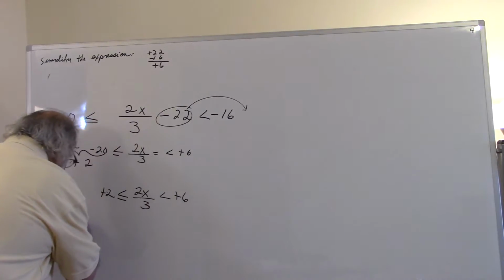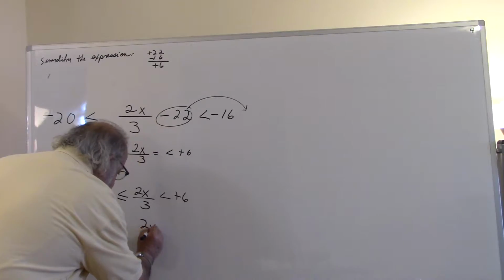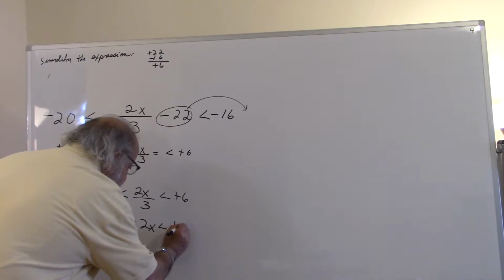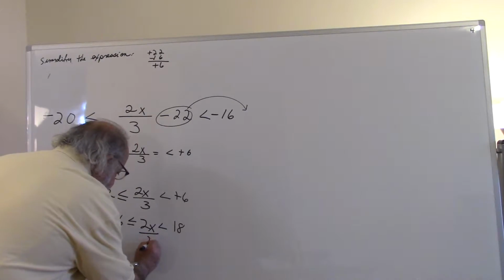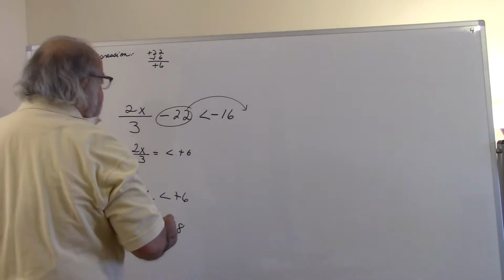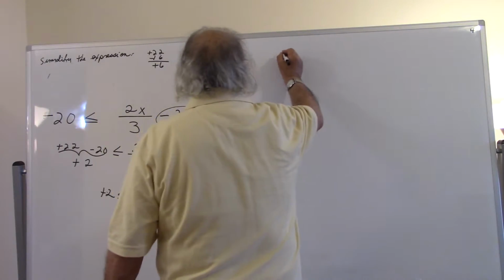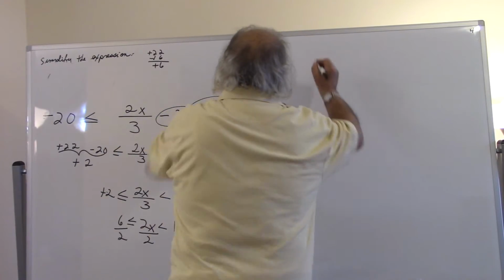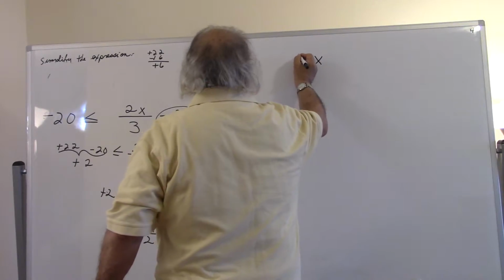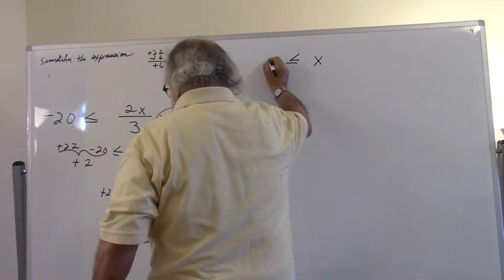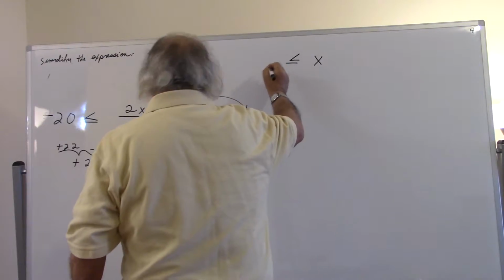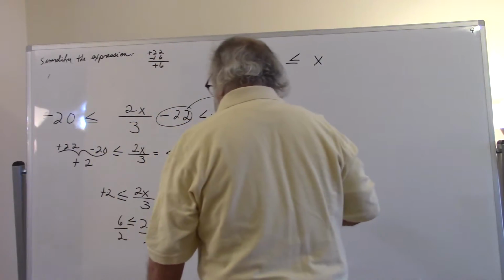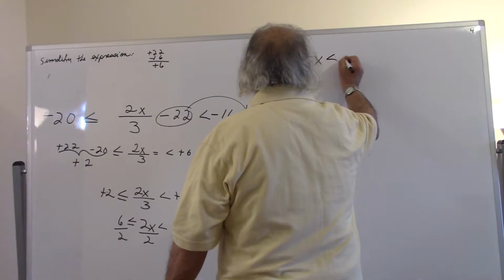So now you have 2x is greater than 6 and this becomes 18. Divide each side by 2. You have now x, no, not x equals, it's x less than or greater than 3. And 2 goes into 18 9 times, so that's less than 9.